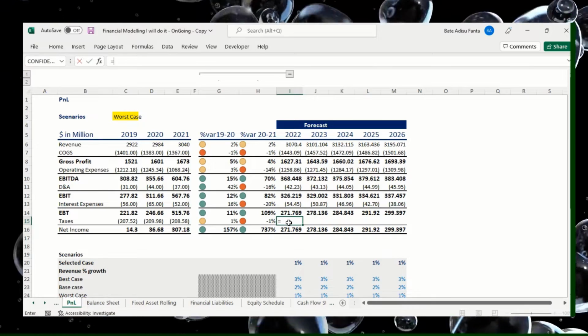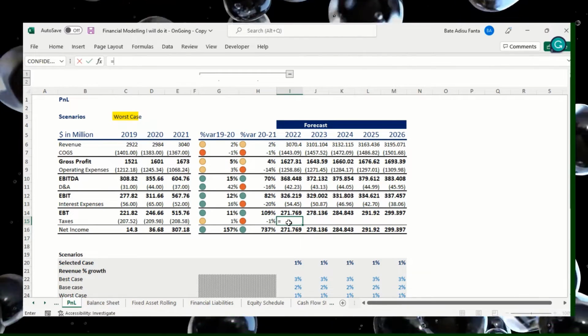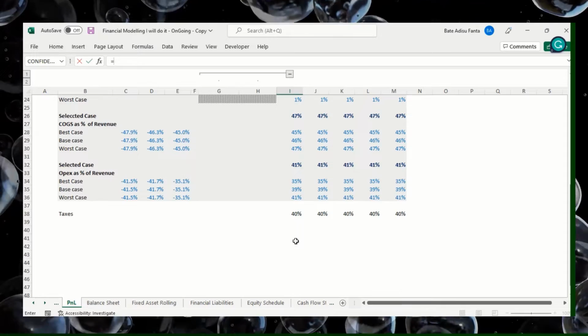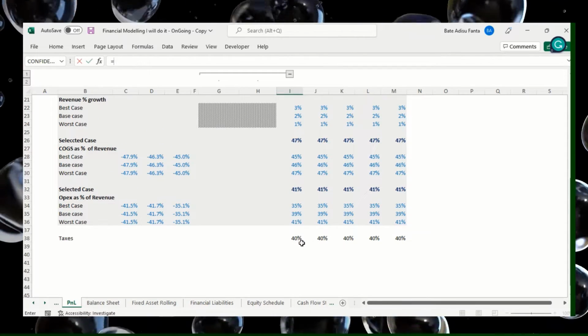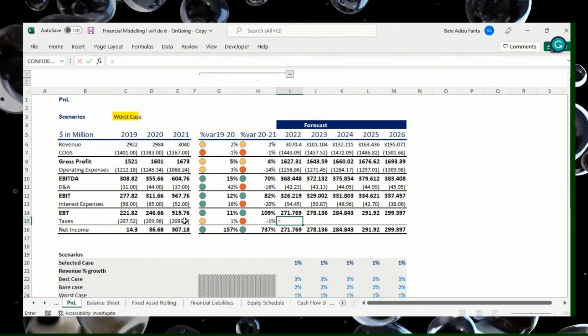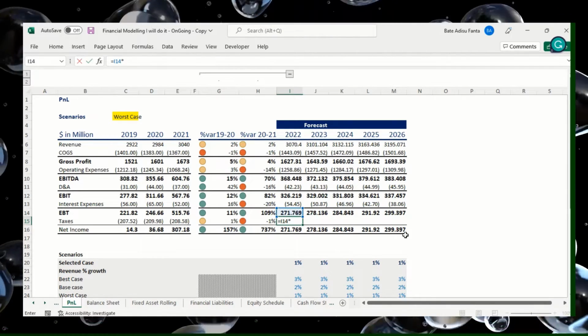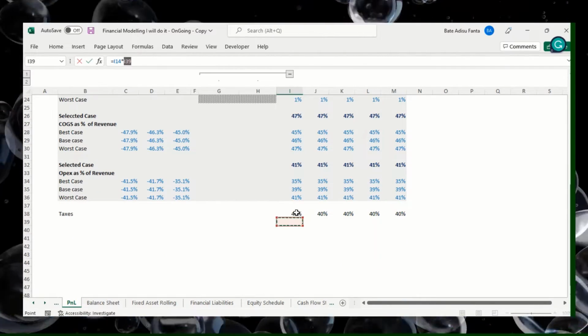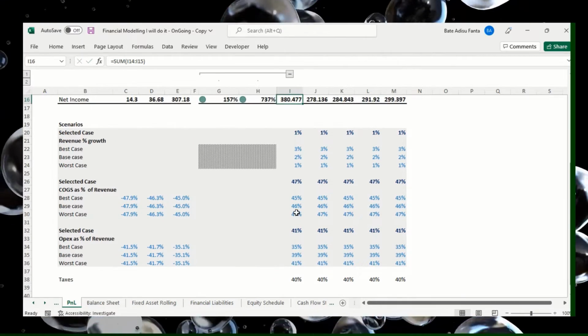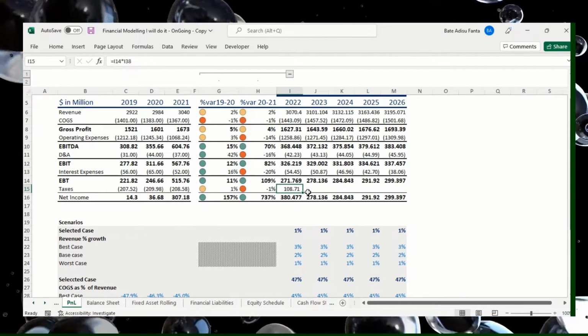So I say equal sign here, and I multiply tax rate, which is 40% here, by EBT. EBT multiplied by tax rate. We have this one here.